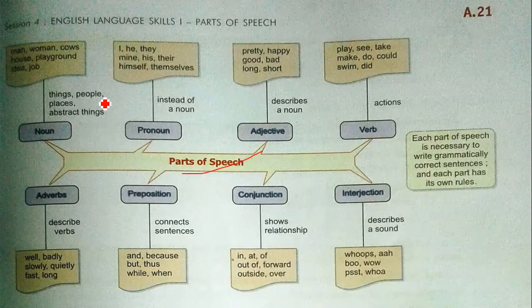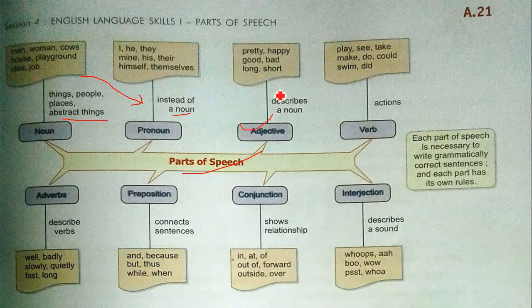These are the names of things, people, places, abstract things also. Next is pronoun. Pronouns are used instead of nouns, they replace the noun, like I, he, they, mine, his, their, himself, themselves, etc.